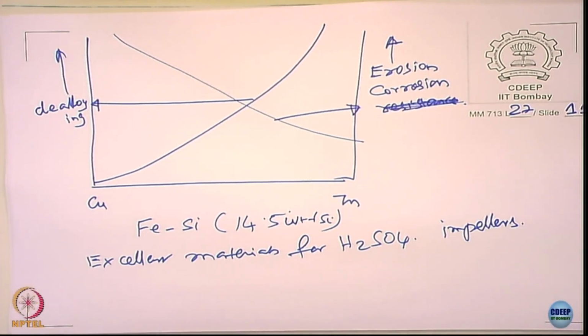You can't use it for a pipeline there, right? Can you use it for a pipeline? Iron silicon alloy of this one. Can you? Can you make a pipe out of this?